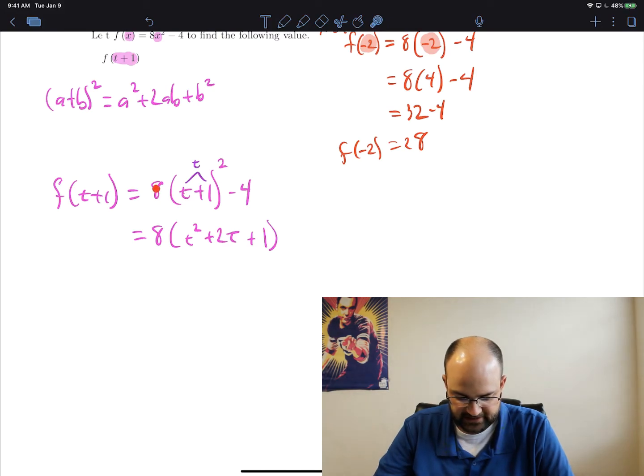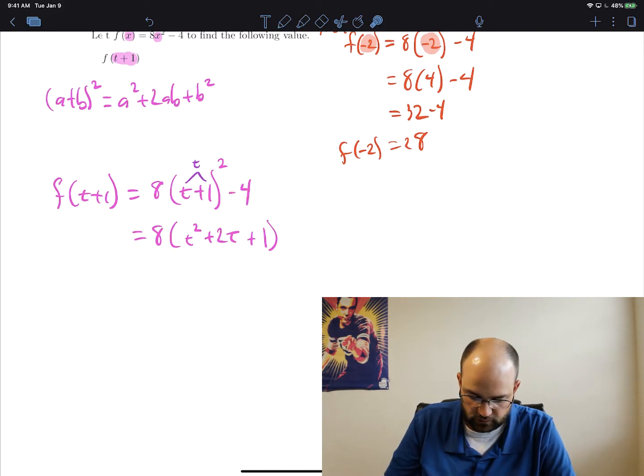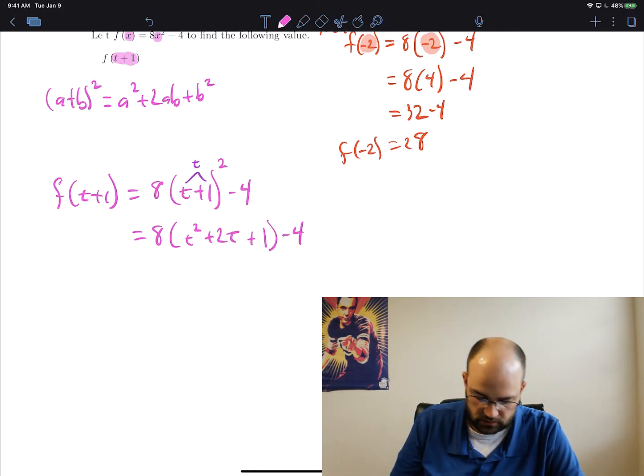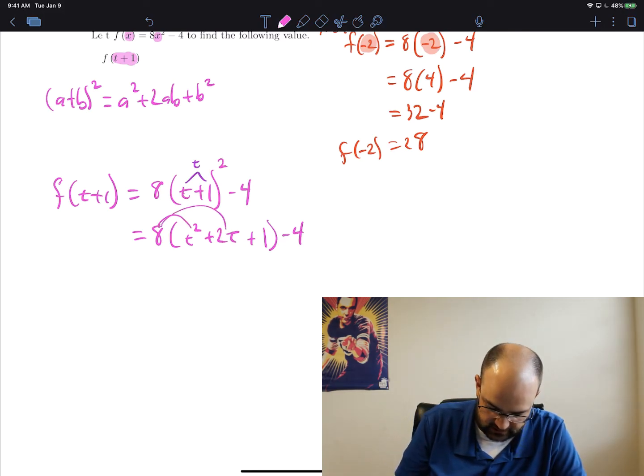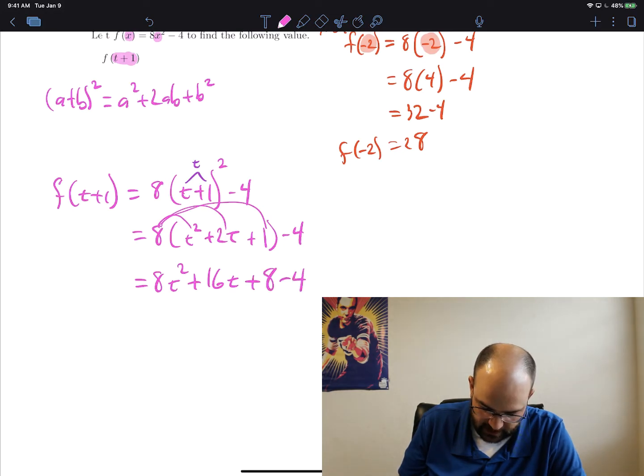So this is 8 times the t plus 1 squared, which is t squared plus 2t plus 1. And then don't forget that minus 4. And then you just simplify. Distribute the 8, which gives me 8t squared plus 16t plus 8 minus 4.